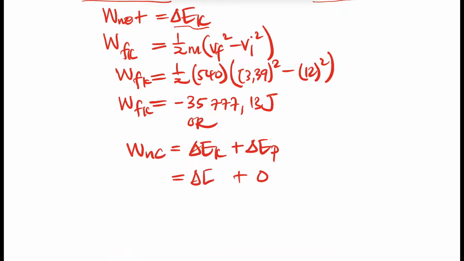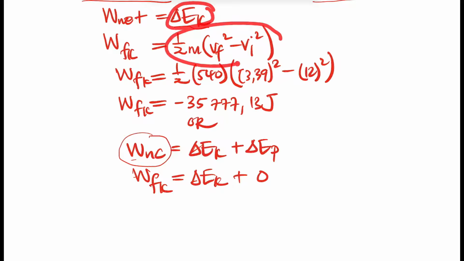So you'll be left with the change in kinetic energy, and the work done by non-conservative force will be the work done by friction. So do you see, it gives the same thing. It's the same thing as this one, right?